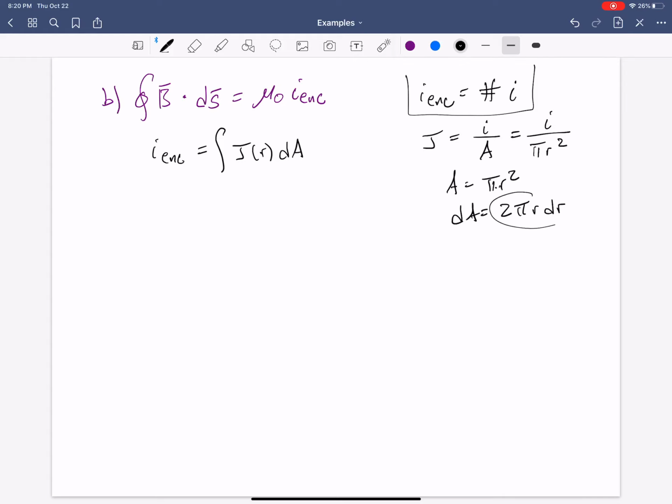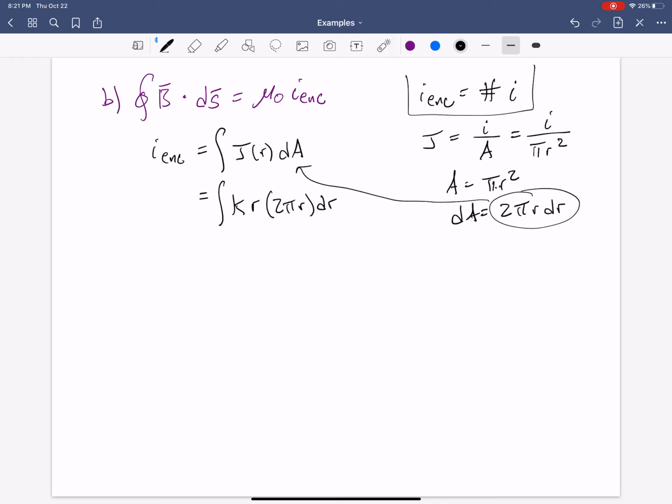And this is what I plug in right there. I also plug in the expression for the current density, K times r. And K is just a constant. We'll actually find out what it is shortly. And then plug in dA. That's 2 pi r dr.